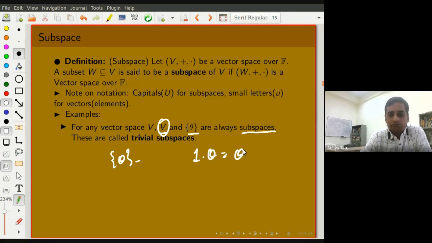I'll give you 2 minutes to go through the vector space axioms to show that this singleton set will always be a subspace. In case you have any doubts, please let me know.